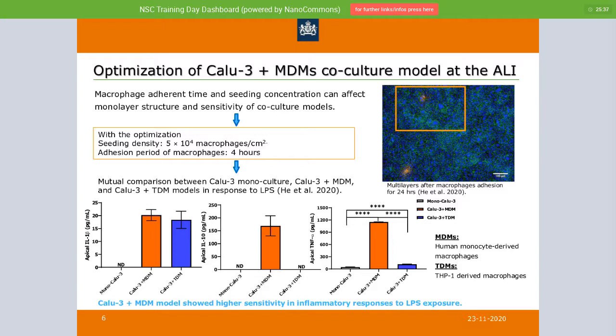We also did a mutual comparison between Cal3 monoculture, Cal3 MDM, and Cal3 TDM models after exposure to LPS. From the results, we can see the Cal3 MDM model shows higher sensitivity in inflammatory responses to LPS exposure.